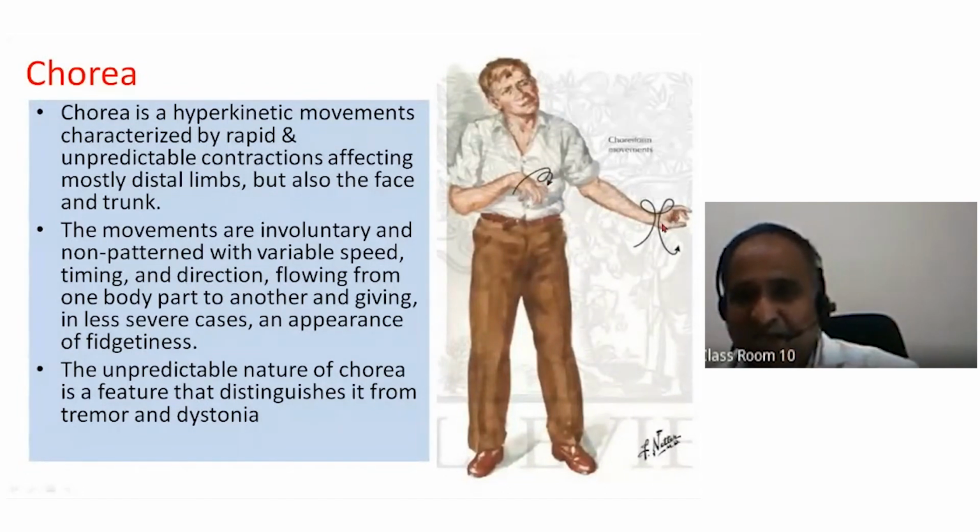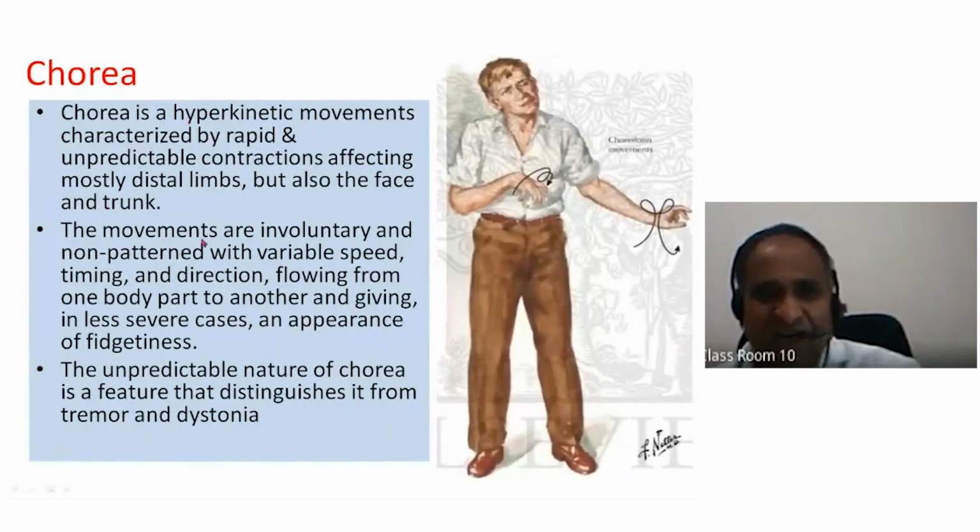Similarly, here also, he will have the movement here. Here you see the jaw and the face, the eyes, there is a contraction. Even in the legs also, he has the contractions. So this is the chorea, and the movements are involuntary. He's not wanting them, but he cannot have control.